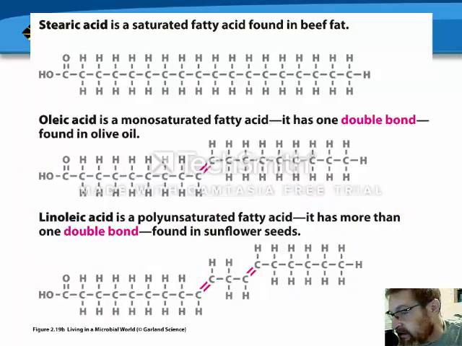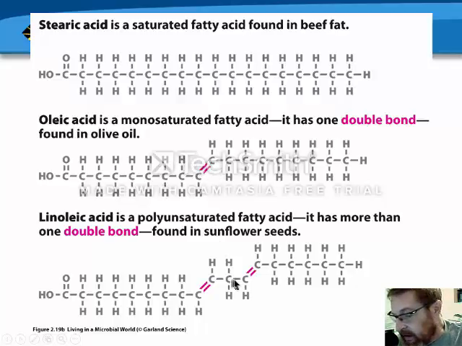Here are some pictures. At the top, here's a saturated chain, and between each of the carbons you see just a single bond. If you are looking at a monounsaturated, that means between these two carbons we have a double bond.